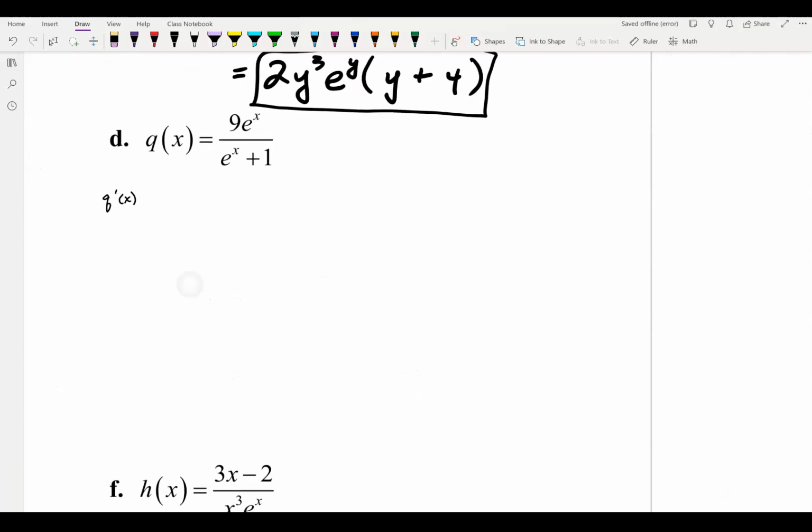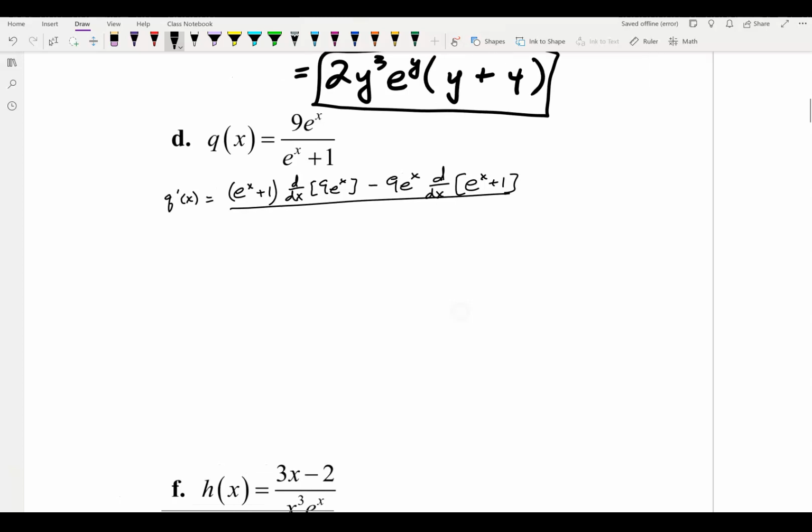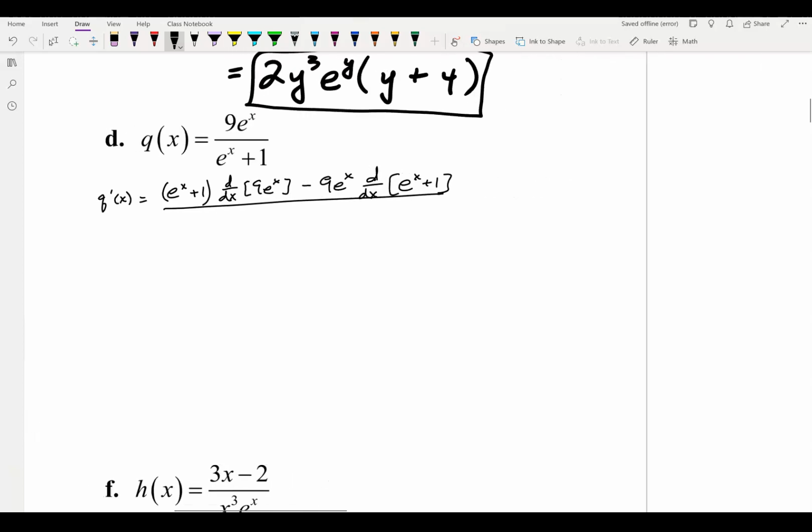So here we go. We're going to take the bottom times the derivative of the top minus the top times the derivative of the bottom all over the bottom squared.